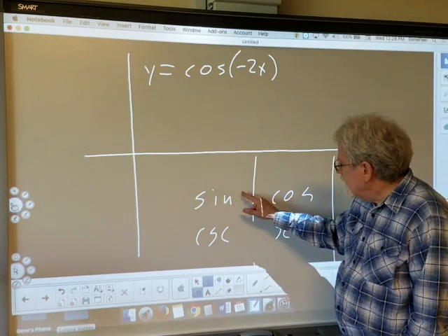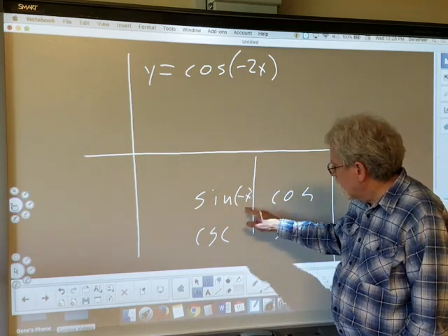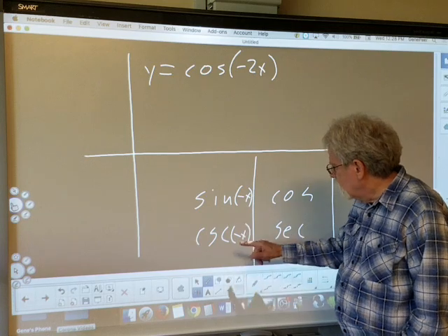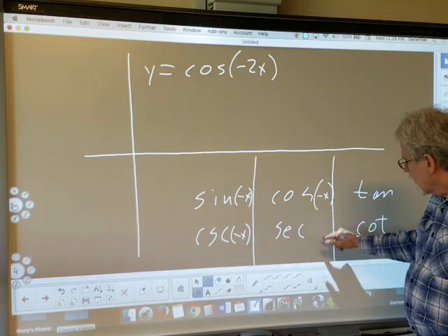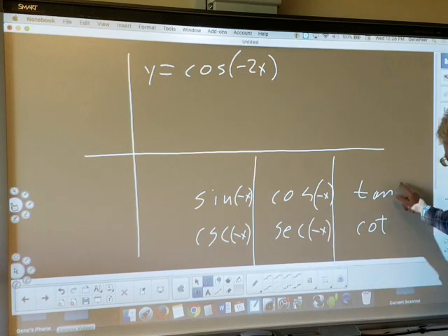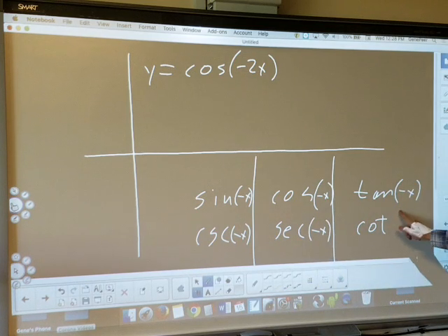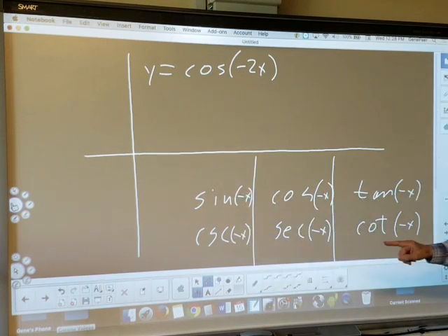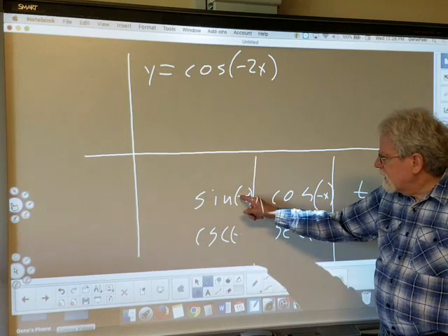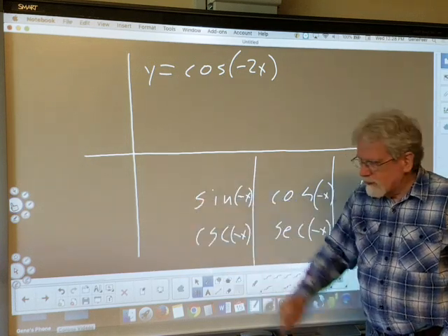If I have sine of inverse x, or inverse theta, I believe the book uses, inverse x is on all these, or inverse theta is on all these, with sine and tangent, you simply move the negative to the outside.